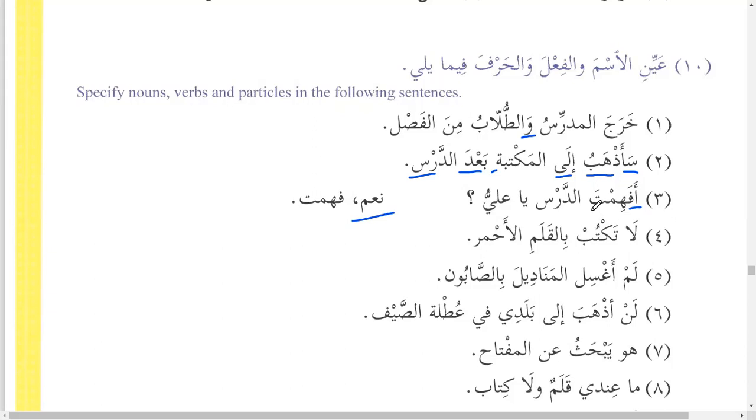What about fahimta? Is it fi'l, ism or harf? Verb. Ad-dars, noun. Ya is harf nida. Aliyun, ism.